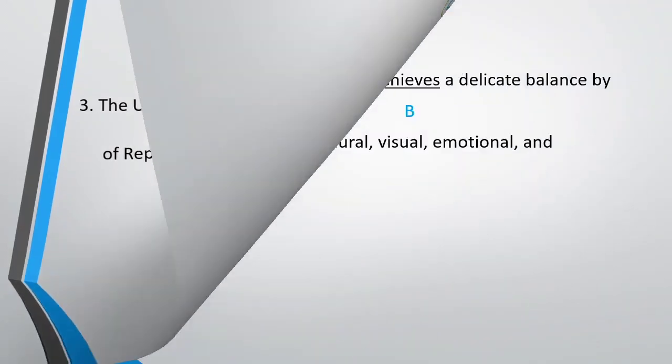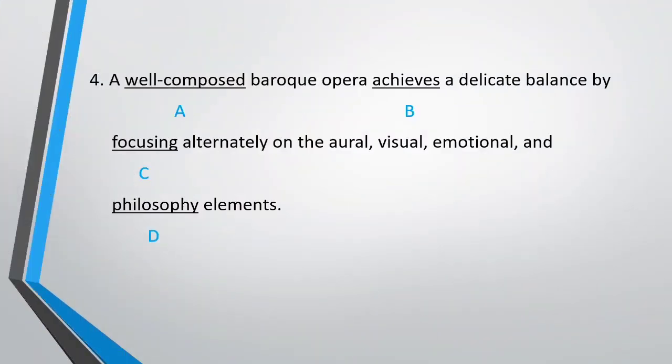Question number 4. A well-composed Baroque opera achieves a delicate balance by focusing alternately on the oral, visual, emotional, and philosophy elements. In this question, we have to find the incorrect word or phrase. The answer is D, philosophy, because with the parallel structure using a coordinate conjunction, the oral, visual, emotional, and philosophy should be in the form of adjectives.